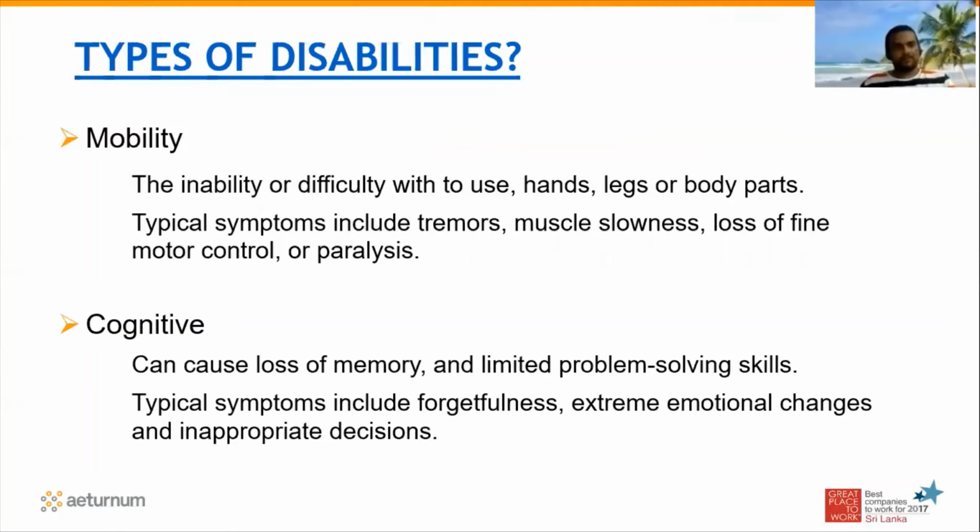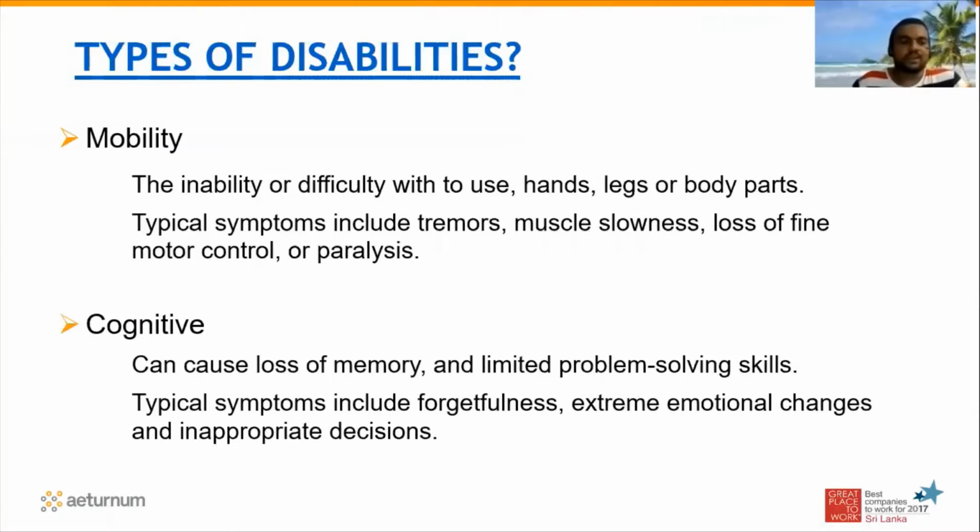So what do you mean by mobility? The inability or difficulty to use hands, legs, or body parts. Typical symptoms include tremors, muscle soreness, loss of fine motor control, or paralysis. A famous example is people who use wheelchair access, who are suffering from mobility disability.